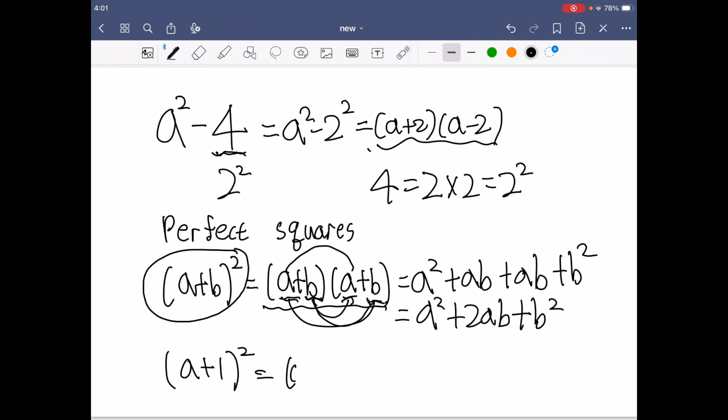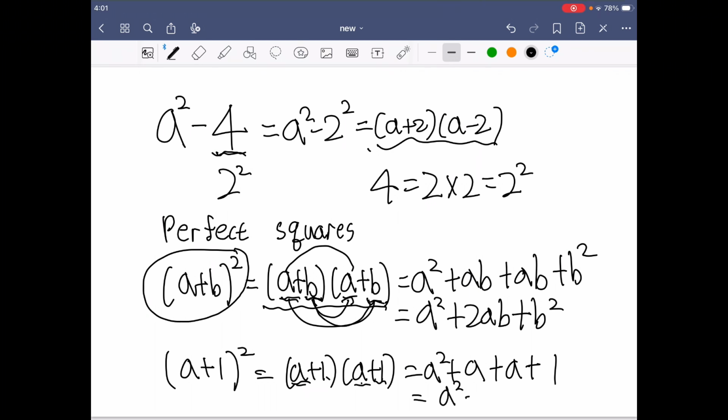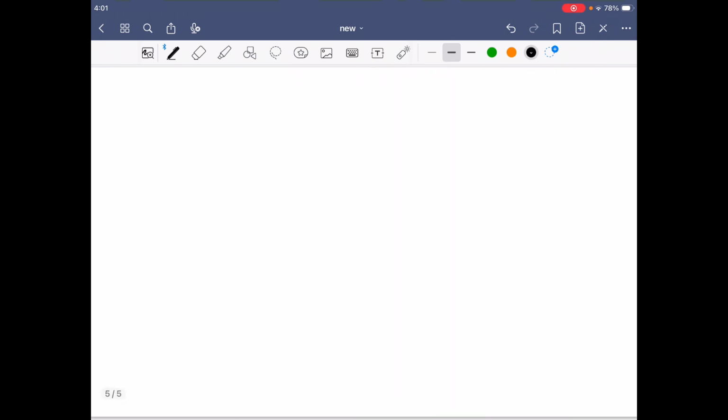Same with a plus 1: a and a, a squared, a and 1, a and 1, and 1 times 1. If you get used to this process, then you just know without actually expanding those brackets. If you see, let's say this one, and expand it yourself, you will get a squared minus 2ab plus b squared.